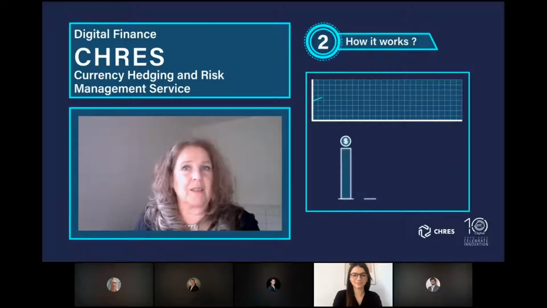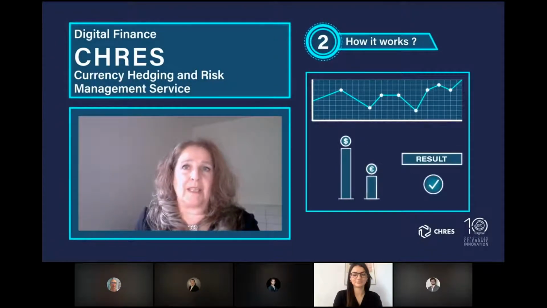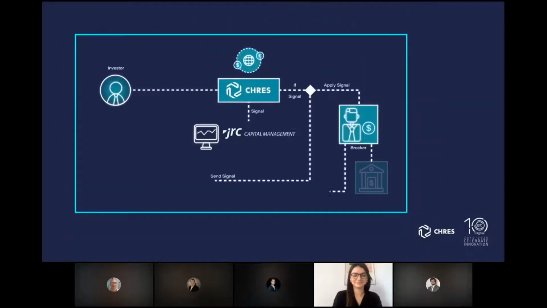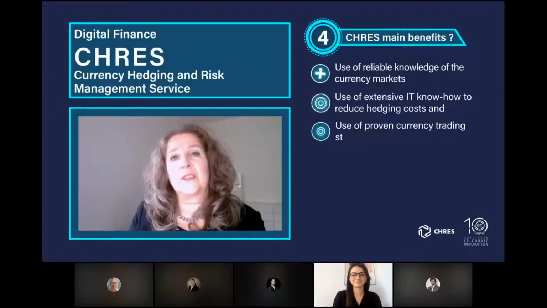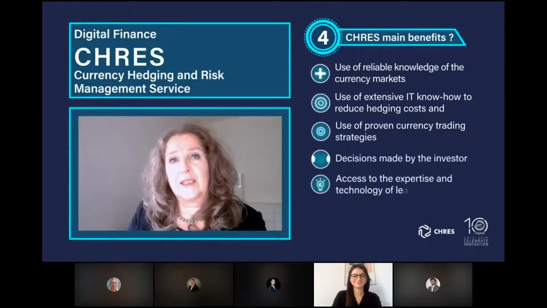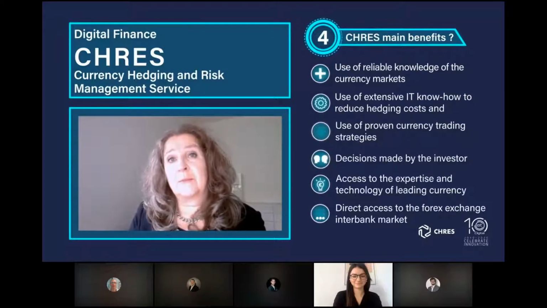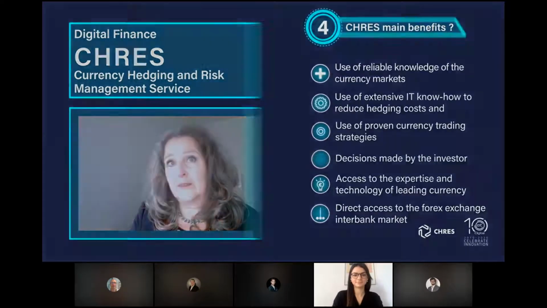How it works: the personalized and automated service of CHRES delivers a dynamic overlay currency risk management based on trading signals that will indicate exactly when to build and when to reduce the hedge positions. What is unique about CHRES is that CHRES will be the first service that not only protects users against market fluctuations, but also allows them to participate in favorable trends by cutting down the hedge positions when no insurance is needed.